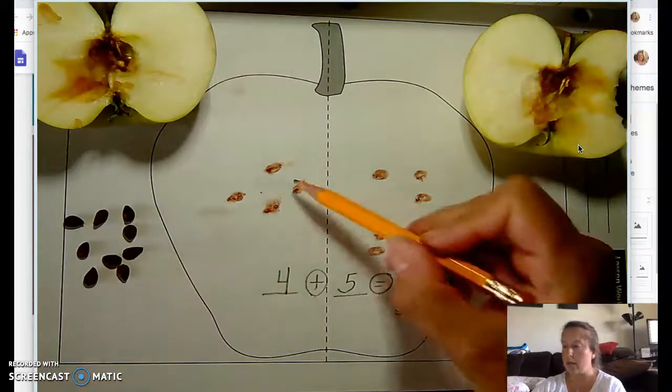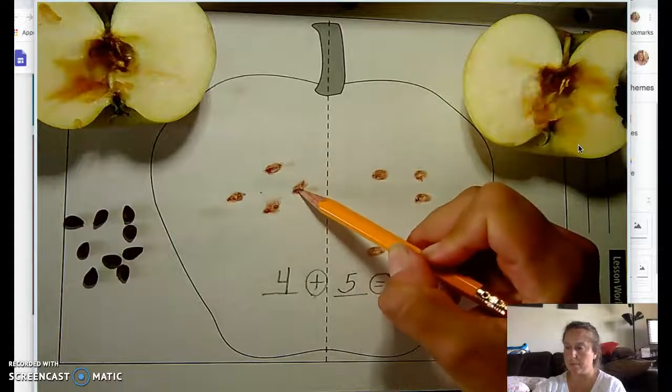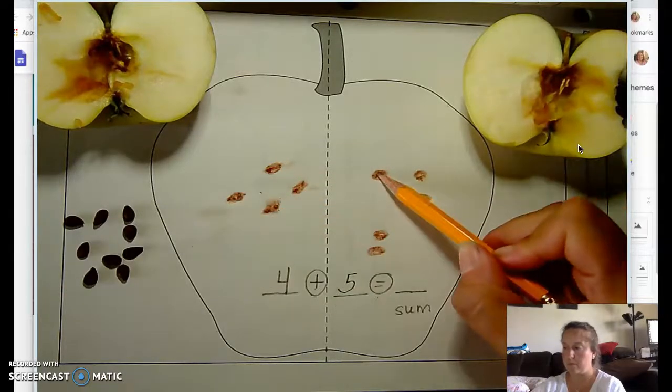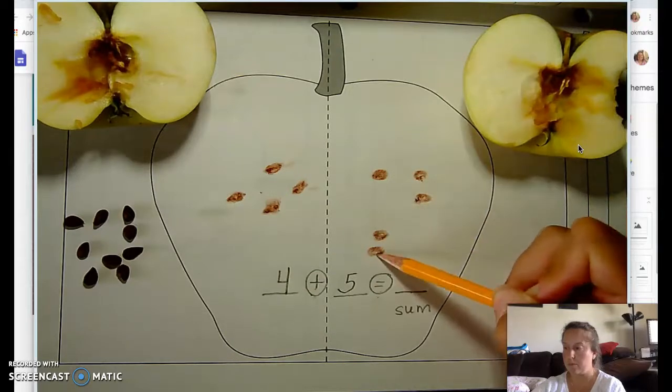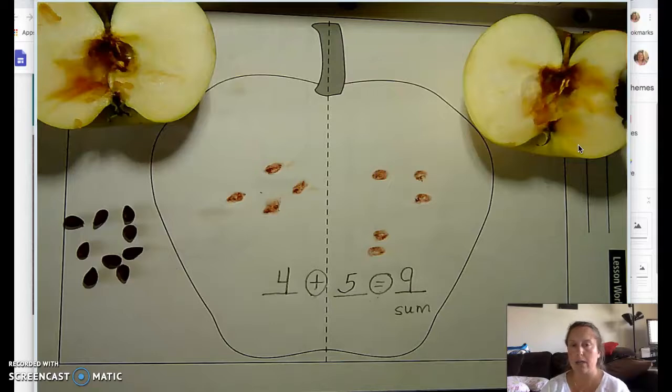I can also count them from my picture. Both times I got the sum of 9.